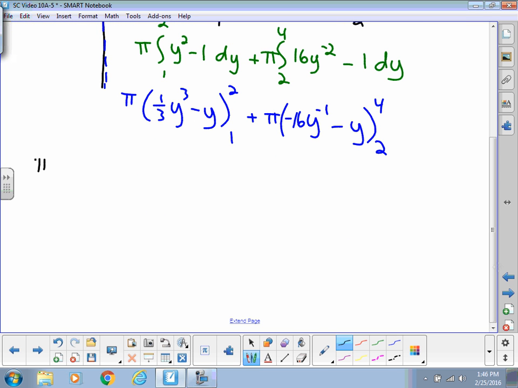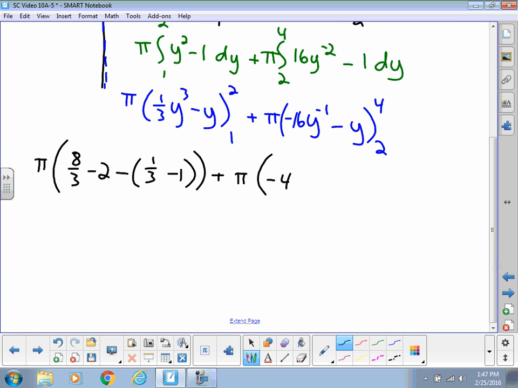So we'll now have pi. When we sub in 2, 2 cubed is 8 times a third, we'll get 8/3. Minus 2. Minus, we'll start a parenthesis, sub in 1, we'll get 1/3. Sub in 1 again, we'll get negative 1. Plus pi, sub in 4. 4 to the negative 1 really means 4 goes to the bottom. So negative 16 over 4 will give us negative 4. Sub in 4 for y, we'll get another negative 4.